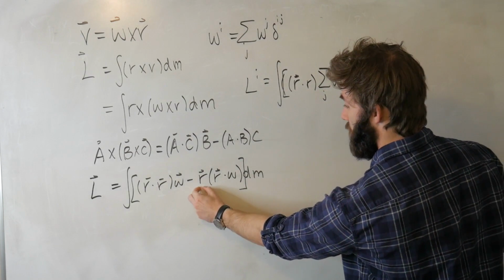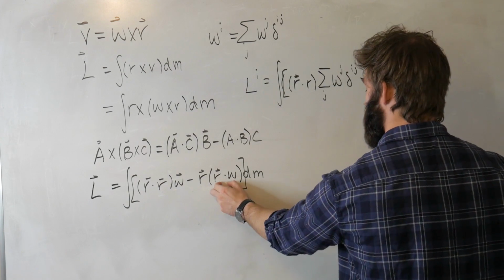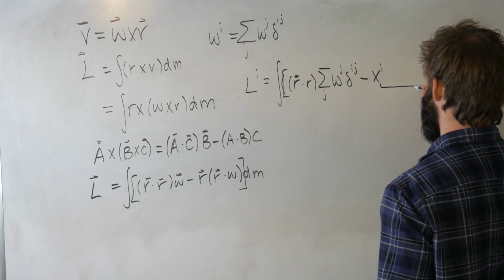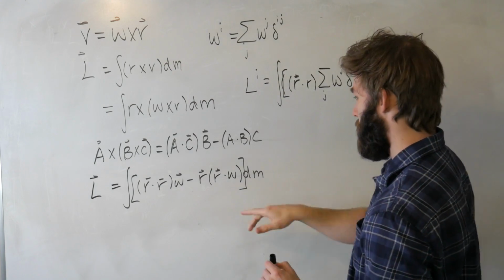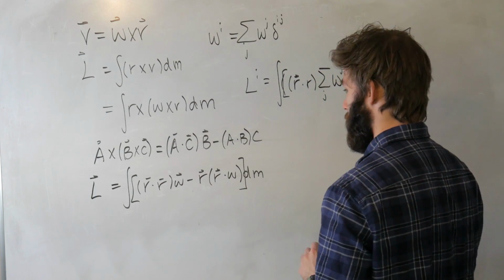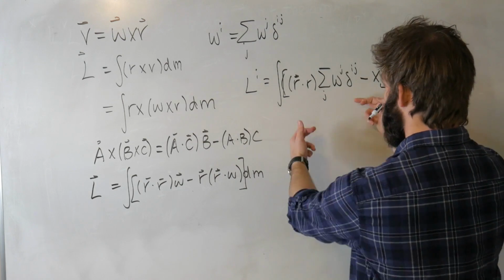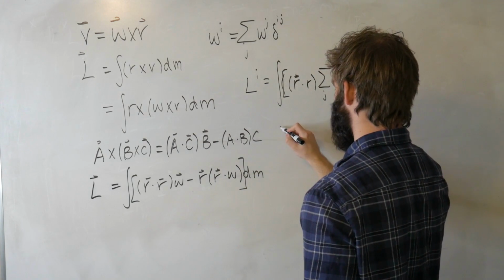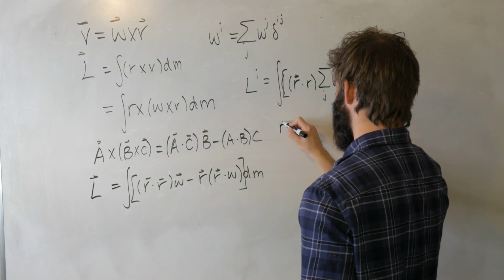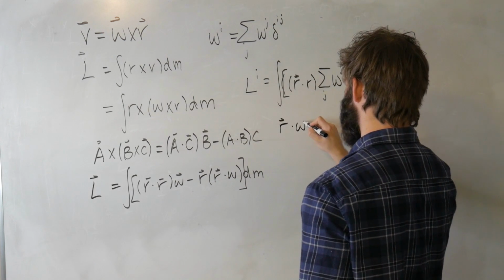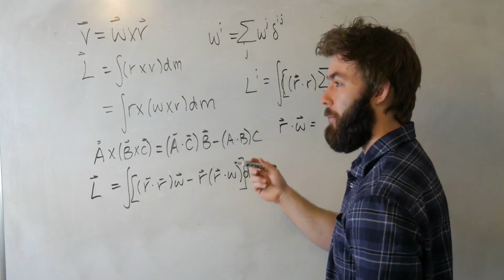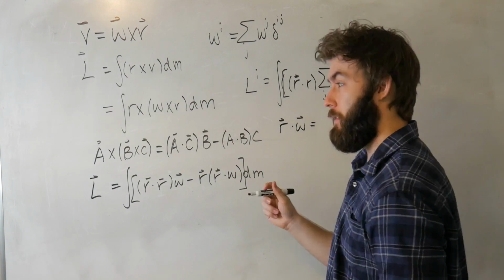Okay, so that's corresponding to this little term here. And then now we need r dot omega. So that's this term that we're about to write here. Let's go ahead and figure out what this is real quick. So I'm going to write this directly under. So r dot omega is going to equal, well, it's the sum of the components multiplied together, right?